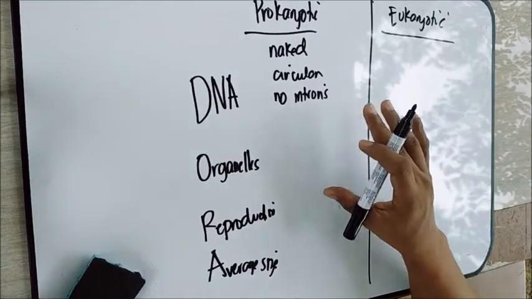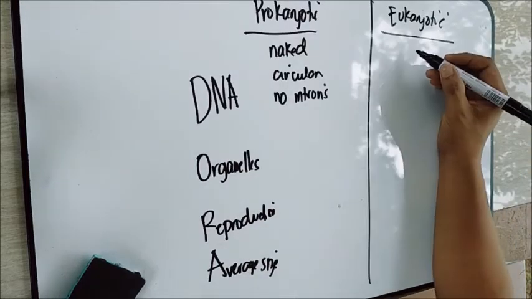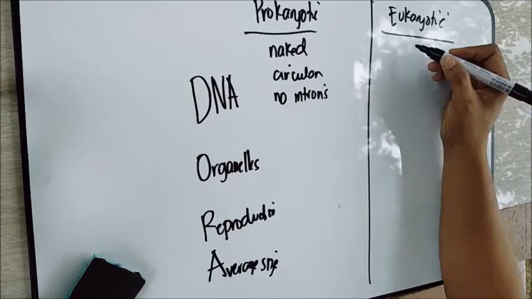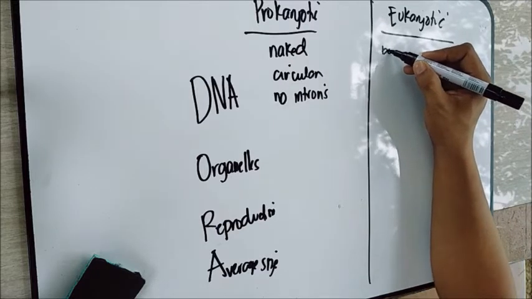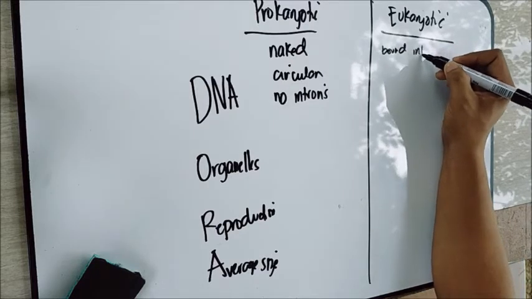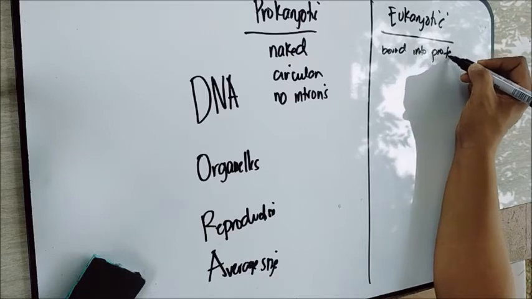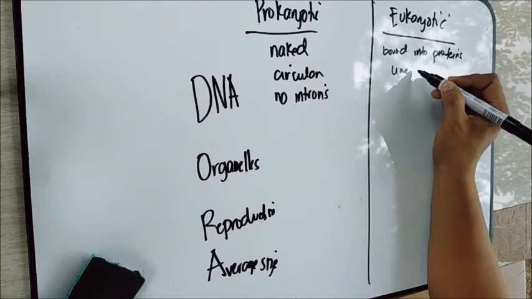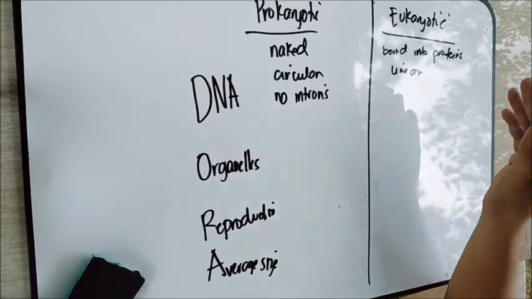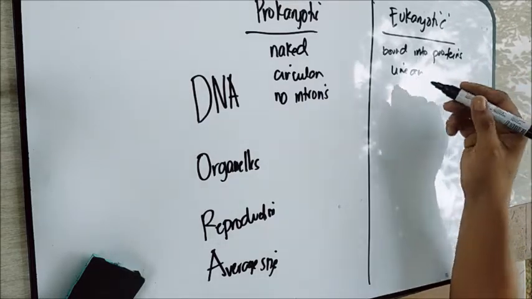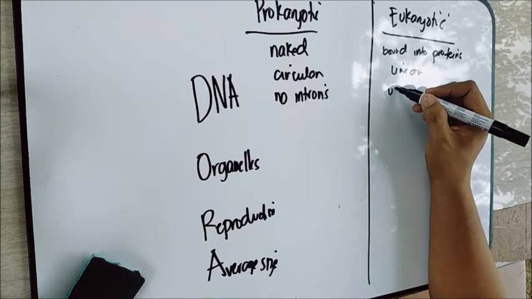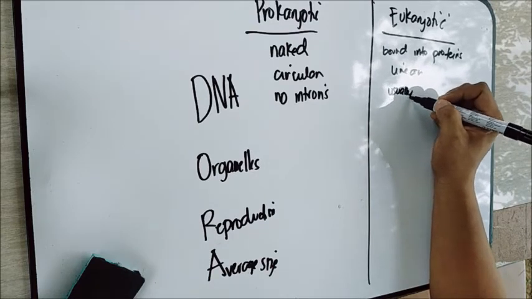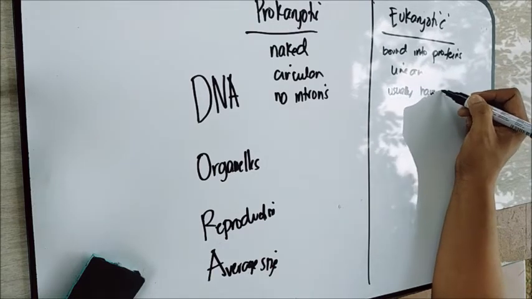Now, if we look into the eukaryotic cell, the DNA of the eukaryotic cell is actually bound to proteins. What else? It is linear in structure, and it usually has introns.